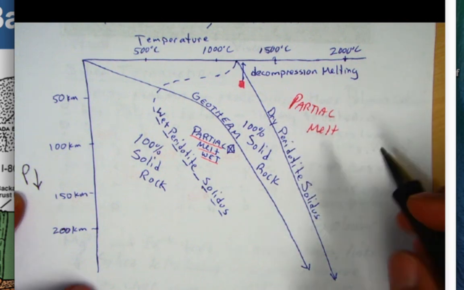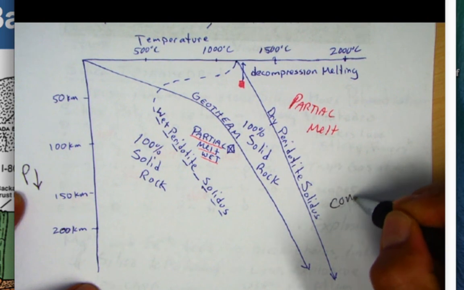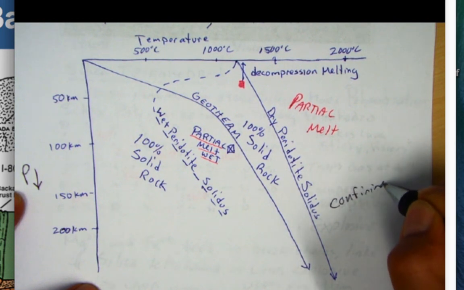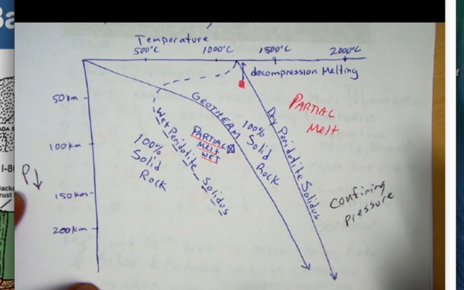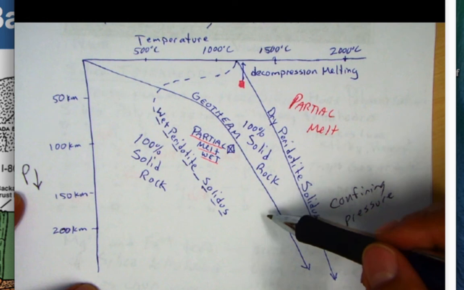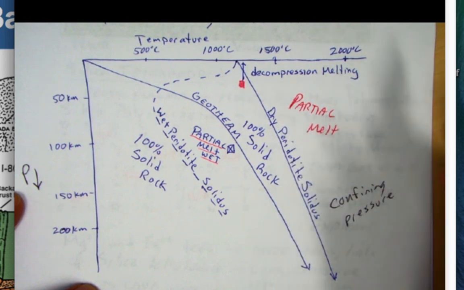Now, the reason we increase this line to more temperature as you go deeper is because you have more confining pressure. So the deeper you go, more and more pressure inhibits that kinetic energy, that melting. It'll prevent magmas from forming because there's so much pressure. The magmas are hot, but if you can move them up toward the surface, well, that would be decompression melting.